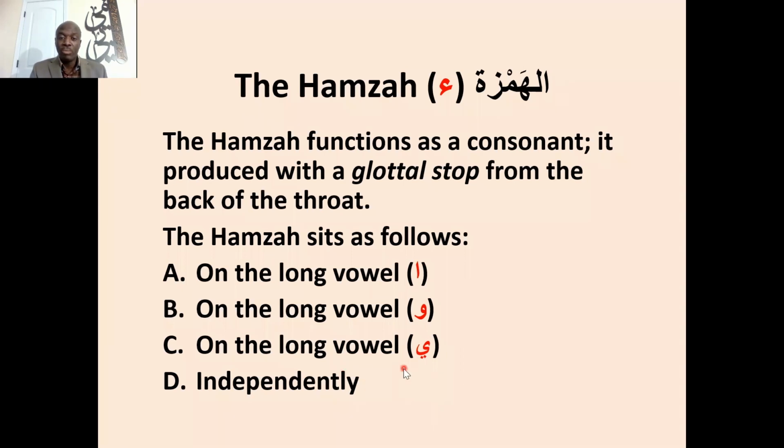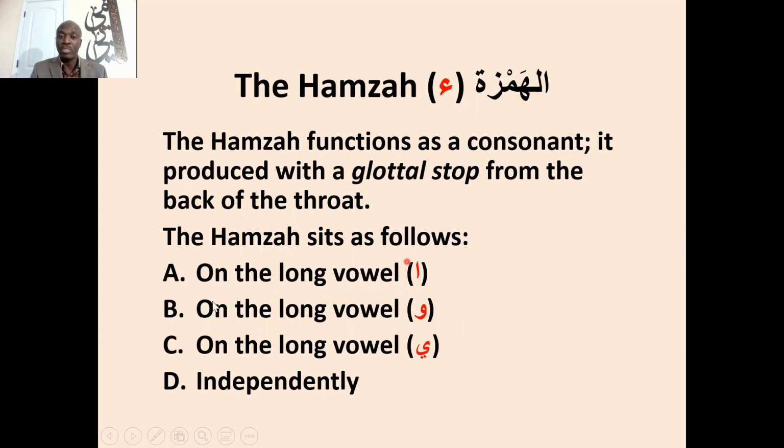With that being said, today we are only going to talk about the Hamza sitting on the long vowel Alif, because the Hamza is kind of long and it needs a lot of explanation. That's why I divided the video into three different segments, so we can talk about the Hamza in different parts.